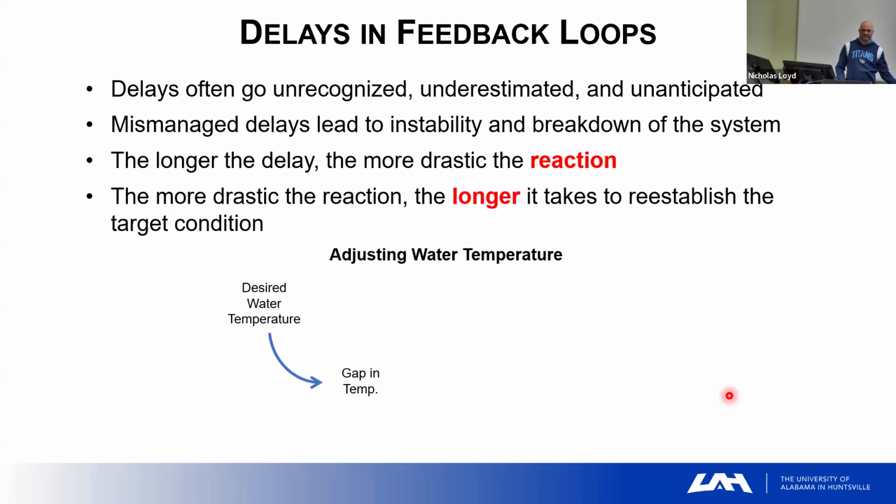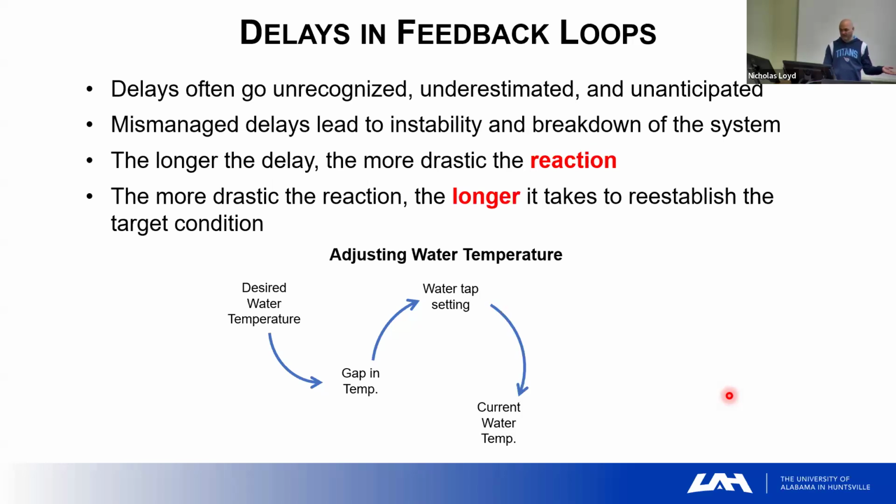So then what does that do? If it's colder than my desired water temperature, what action do I take? Turn the water tap to the setting closer. Okay, I want it to be warmer, so I'm turning it toward warmer.